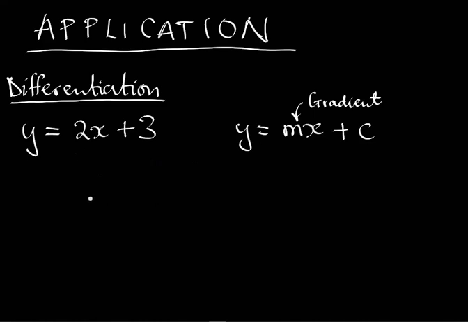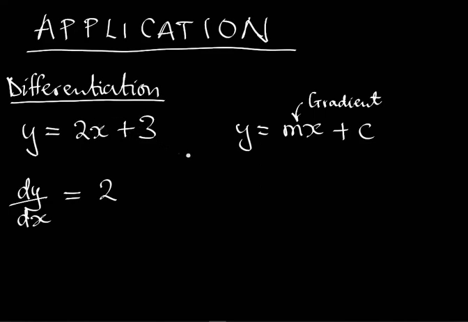Something that is very important to remember in calculus is that when you find the derivative of a function, meaning you find dy/dx, the function that you're going to have, in this case just a constant 2, is the gradient function. What that simply means is dy/dx is going to give us the gradient at any point on this line.